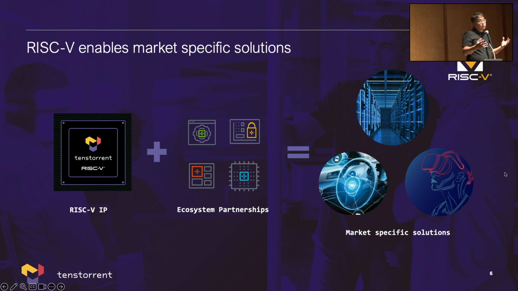The whole conversation drove into IP discussion and ecosystem discussion, because for the particular sector we are going after, there has to be software ecosystem support. So the conversation with our partners is about what kind of PPA you want and what kind of software ecosystem you have. We are addressing a wide variety of markets: autonomous driving, data center, and even consumer space.